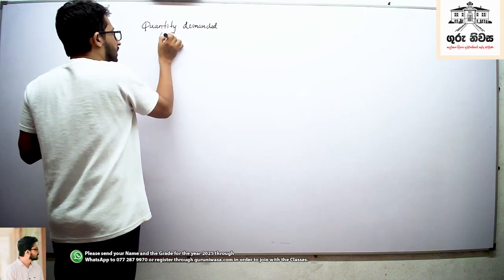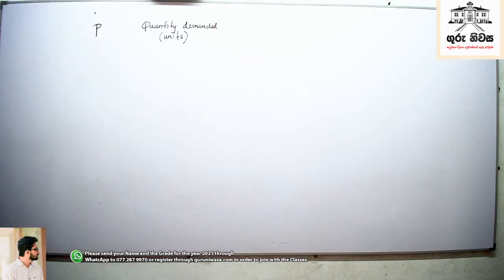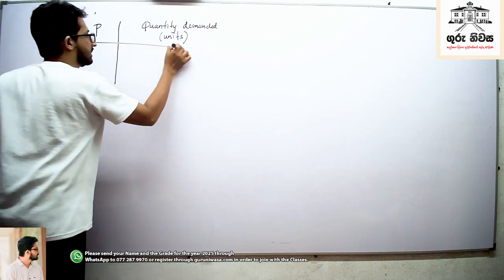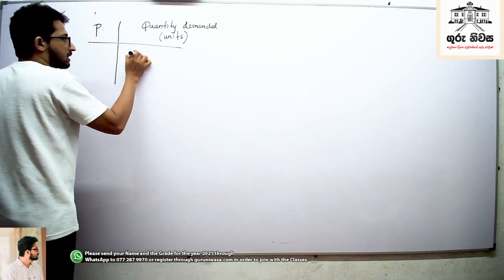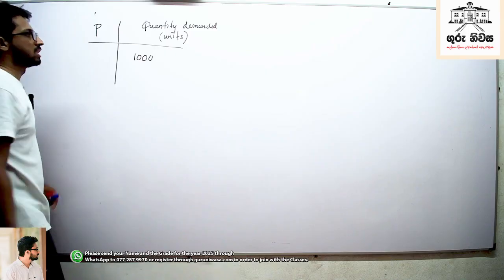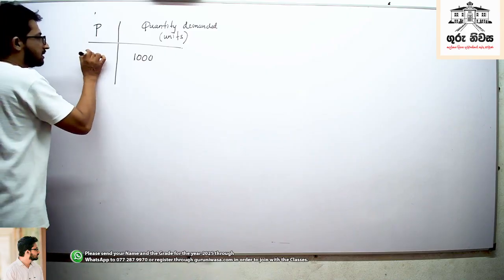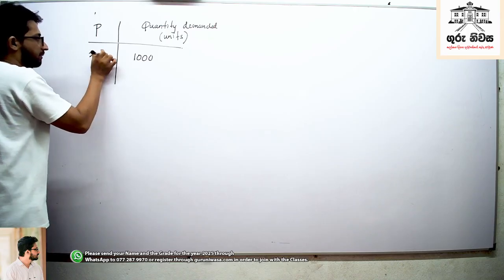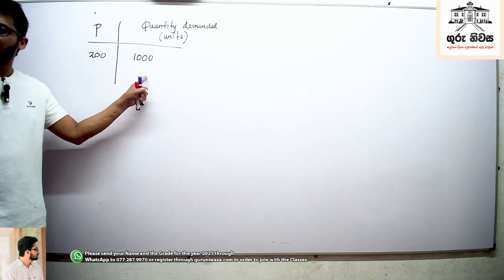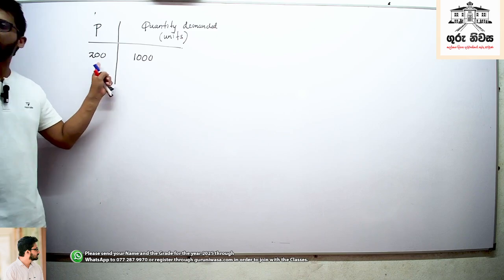Normally quantity demanded is given in units. We can say consumers are willing and able to buy 1,000 units of rice at price 200. Every time these two are interconnected. You can say something about demand, but with the price.